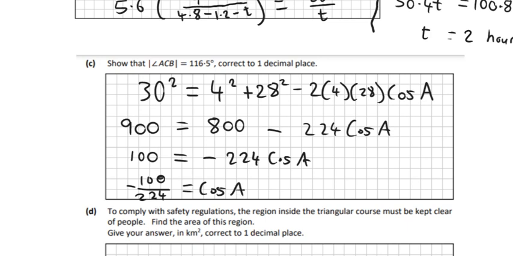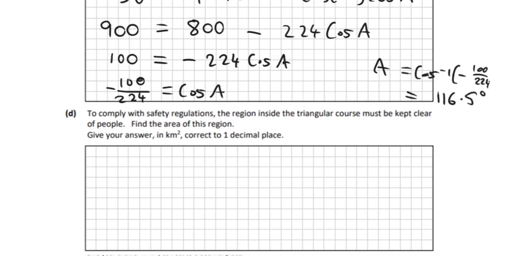So a is the cos inverse of minus 100 over 224, and we get 116.5. So that was what we were supposed to get. That's what they asked us to show in the question. So that's it. That's part C.